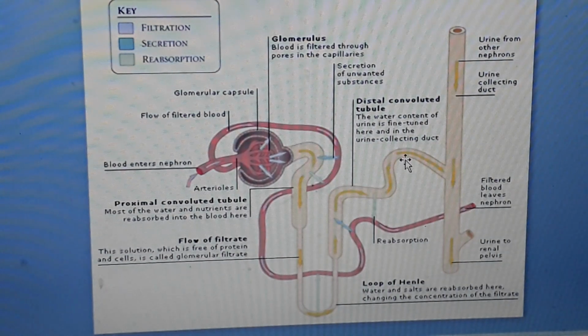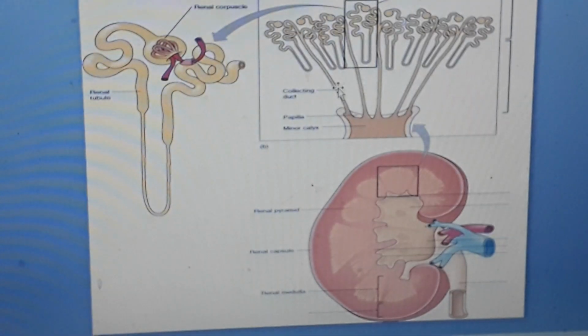Now the urine which is formed at the DCT or distal convoluted tubule then flows into the collecting tubule. From the collecting tubule, the urine flows into the pelvis region of the kidney. In this diagram, we can clearly observe that the collecting tubule brings the urine into the pelvis region.